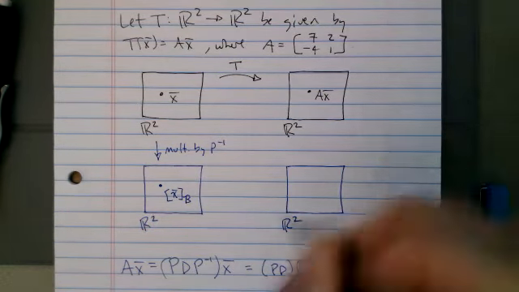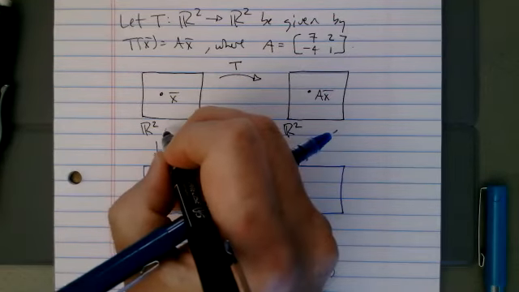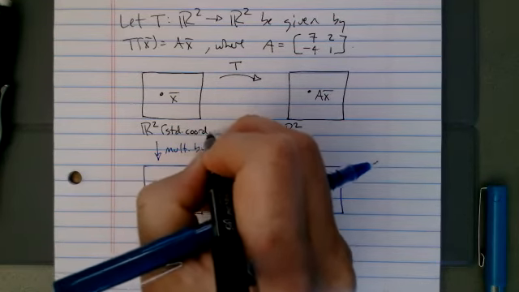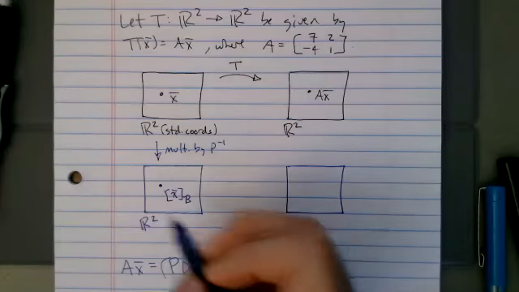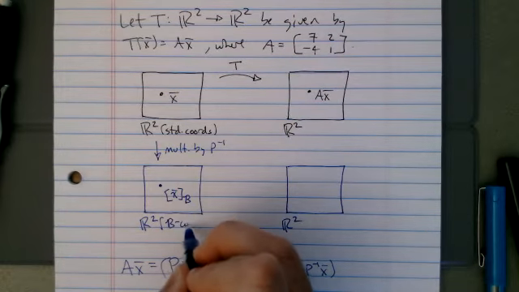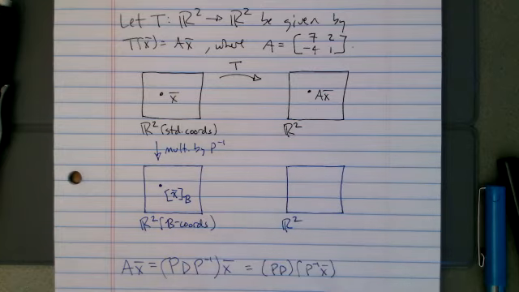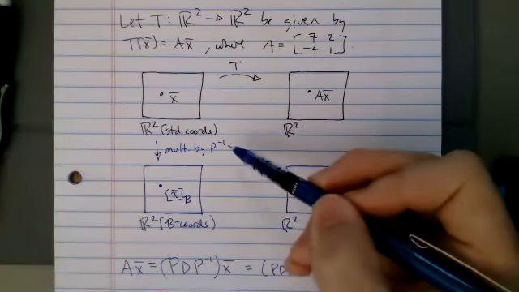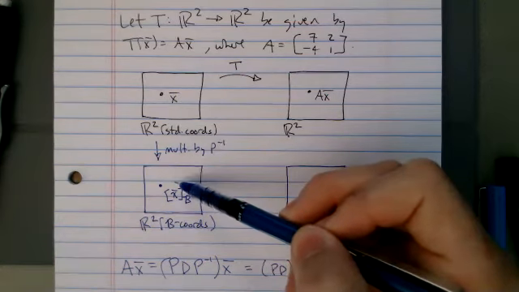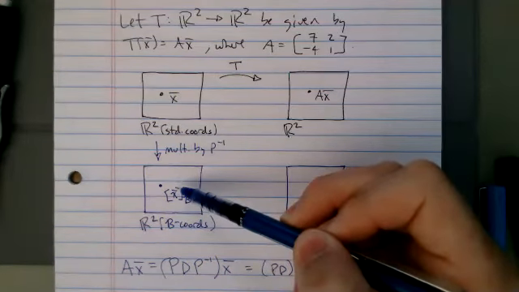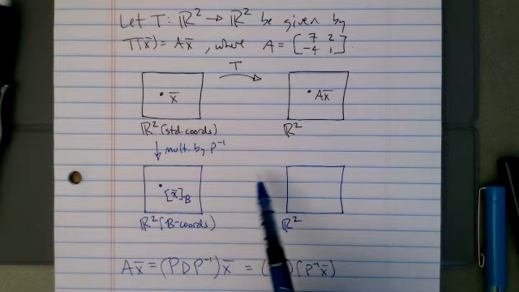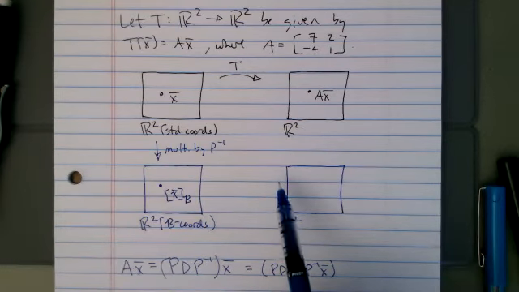So this top line is going to be R2 in standard coordinates. And down here, the second line will be R2, but in B coordinates. Multiplying by P inverse is what turns standard coordinates into B coordinates. Now we have to apply the transformation.